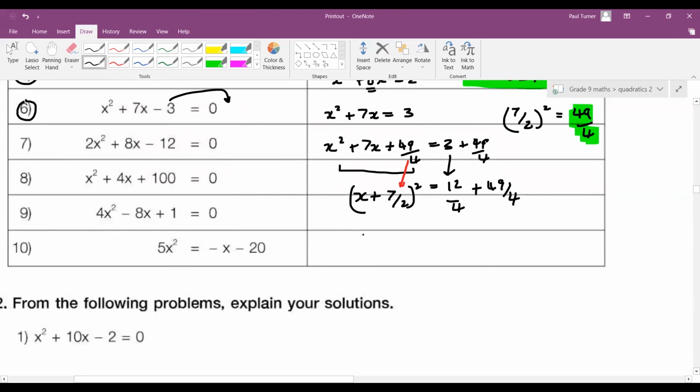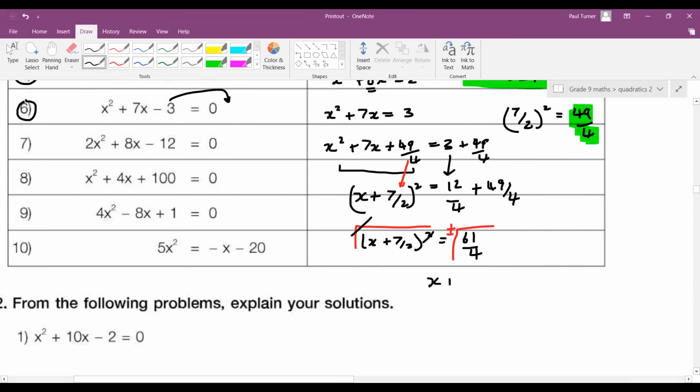So we'll have (x + 7)/2 squared is 61/4. Okay, just add the numerators, the denominator is common. So now we square root both sides as usual, and we'll have plus or minus. So you're going to cancel your square here.